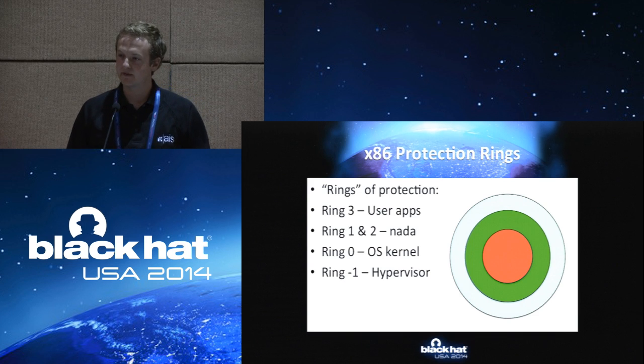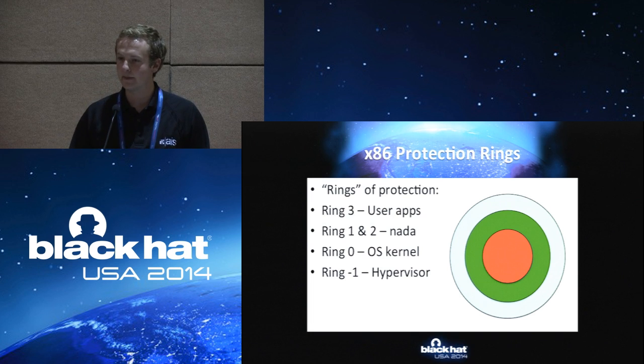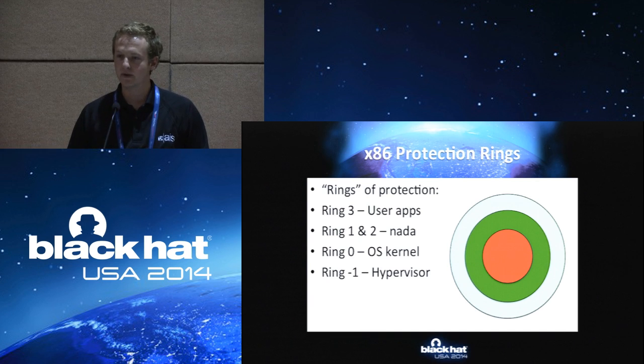This is going to be pretty basic for a lot of you, but I just wanted to make sure I had it covered for those of you who might not be so aware. x86, which is the Intel processor commonly found in your laptops and desktops, supports different rings of protection. Ring 3 is the least privileged, the outermost ring. That's where your user applications sit. Rings 1 and 2 currently are not really used.